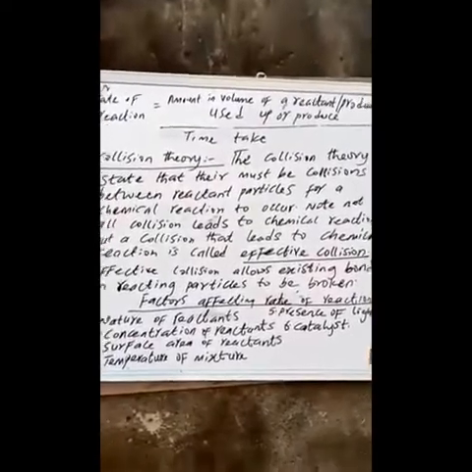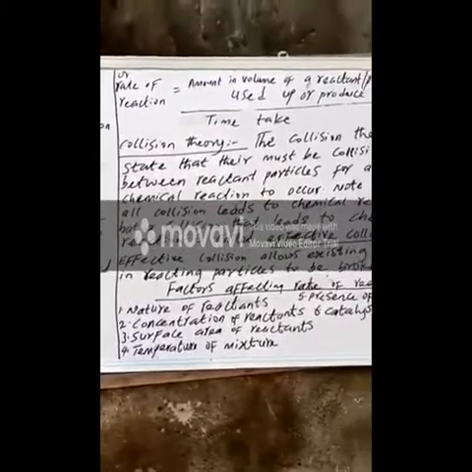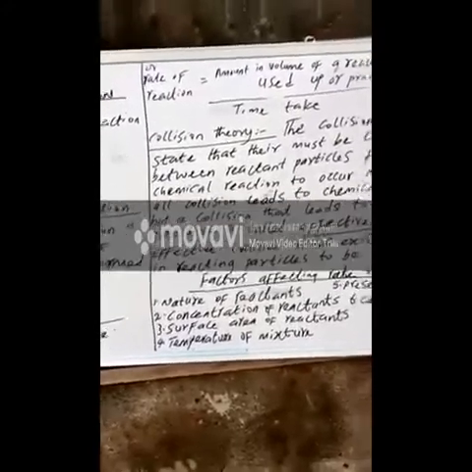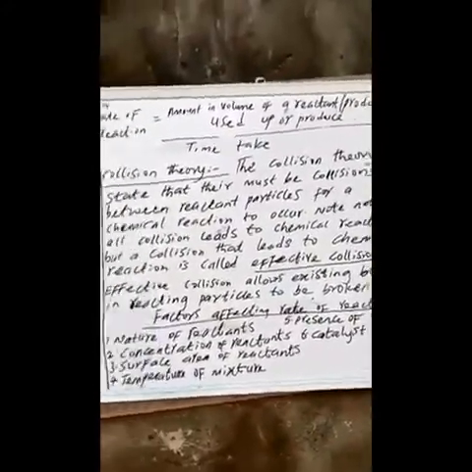Now, this brings us to collision theory. Listen carefully. For a chemical reaction to occur, there must be a collision between the reacting species. That is, if A and B are to produce C and D, A and B must react together.